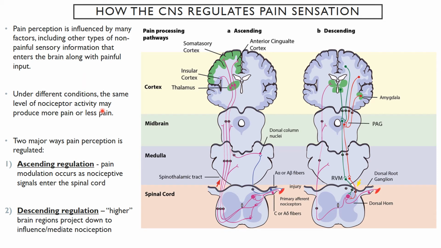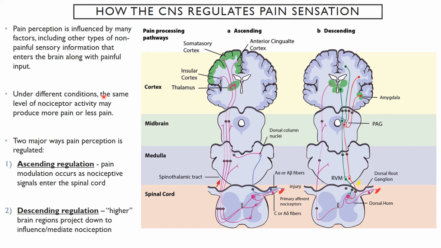Pain perception is influenced by a whole host of factors, including other non-painful sensory information that enters the brain along with painful input. For instance, something scary that goes along with pain might modulate how you perceive that pain. Or let's say something funny is going on, that might actually tend to blunt the pain perception.